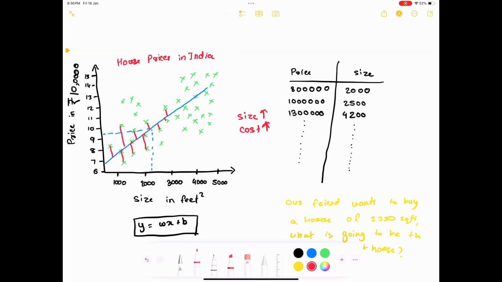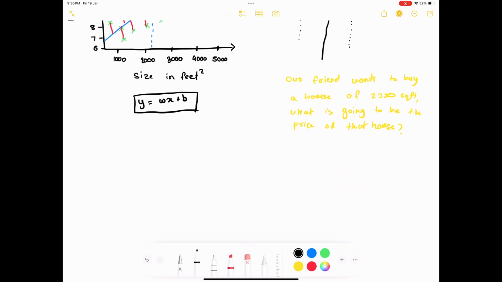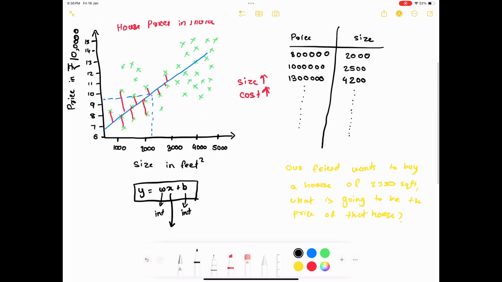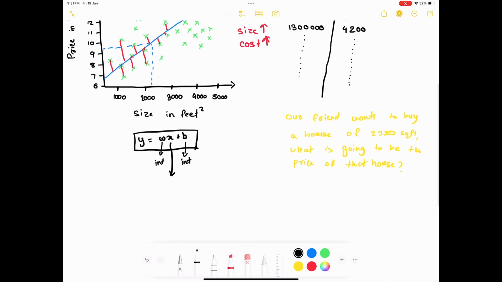So here w is some arbitrary number, and so is b. x is the size of our house, and y is the price.